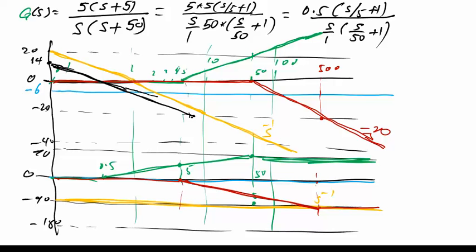And then it is a straight line until 50, right? Then we go down, and this is the net plot. This is the magnitude plot.